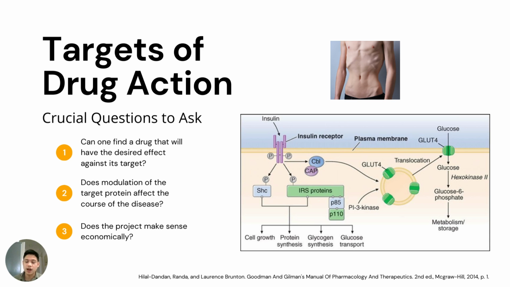So insulin, can I find insulin? And where will I find insulin? And where will insulin act, on the insulin receptor? Does modulation of the activity of the insulin receptor affect the course of the disease, which is diabetes mellitus? Years ago, type 1 diabetes mellitus, before the discovery of insulin, was a fatal disease.